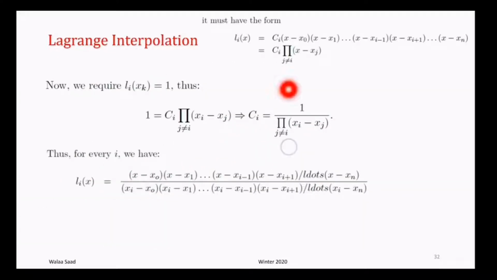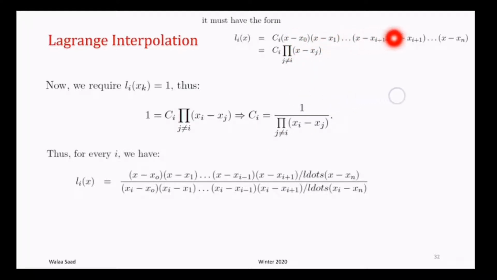So taking this case, when this function is equal to 1 at x equal x sub i, we will substitute the x by x sub i and substitute L sub i by 1. So here we can deduce that this constant is 1 over that product.